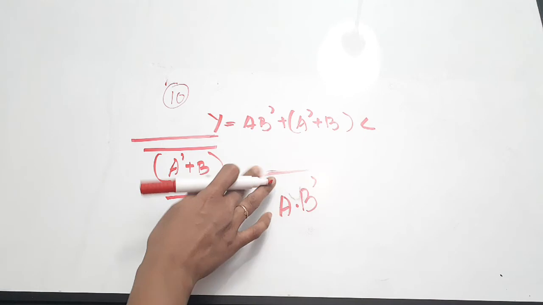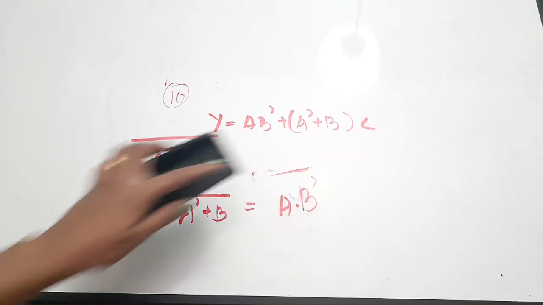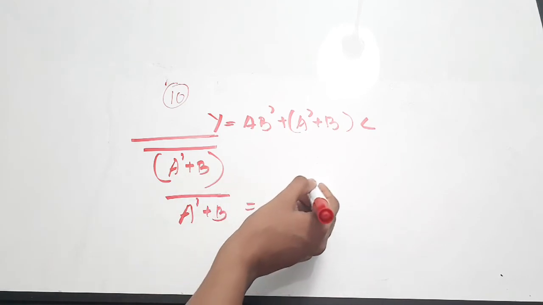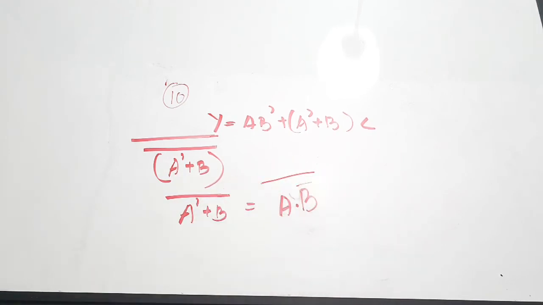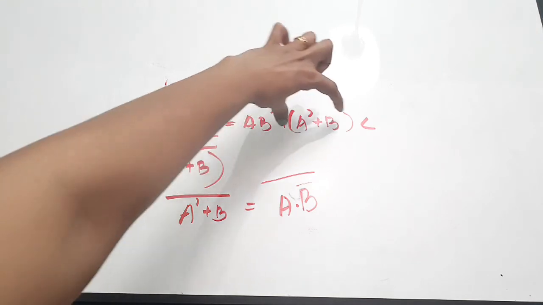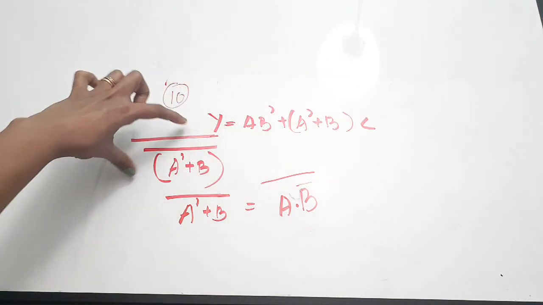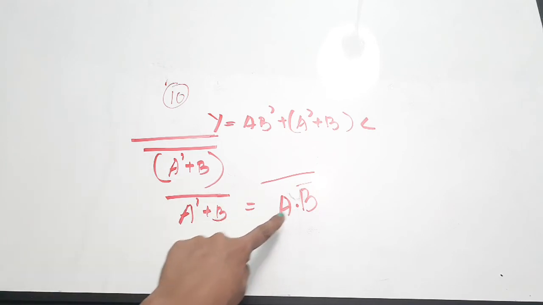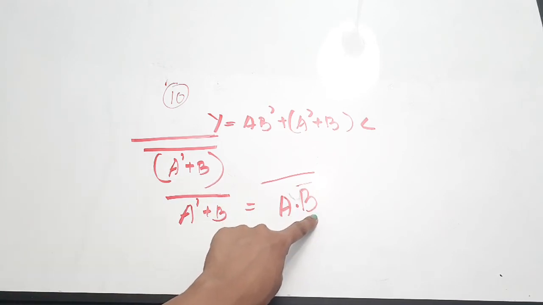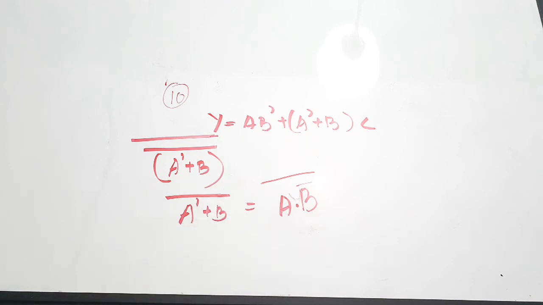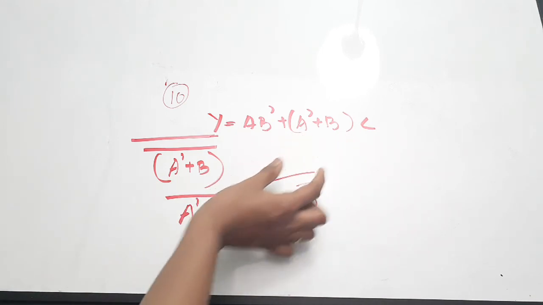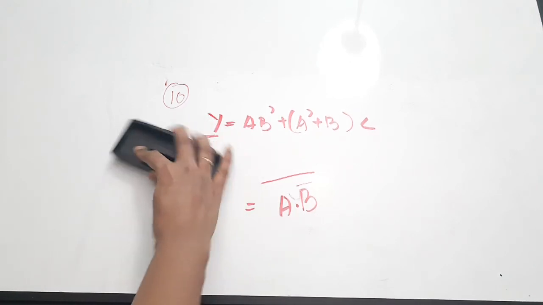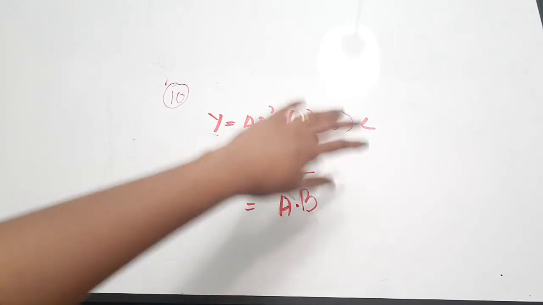I'll put the complement in the same notation, that is A plus B complement, the whole complement. That is, if I take the bracket expression and put a double complement to it, you will get the expression like this: A dot B complement, the whole complement. Now I'm going to substitute this expression.